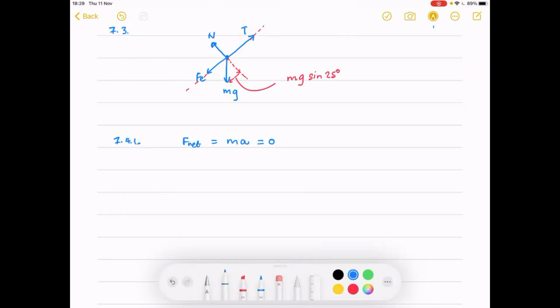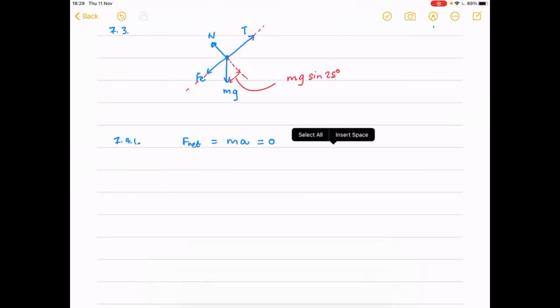Okay, so now we're writing out our equations. Let's add up all the forces in the direction of the tension force. So this mg force is acting in the opposite direction. So it's going to be minus mg sine of 25 degrees, plus the tension force minus the electric force will equal to 0.